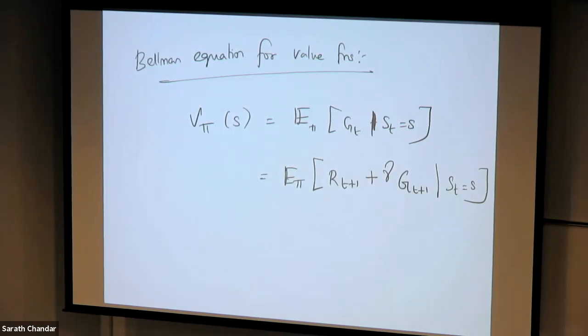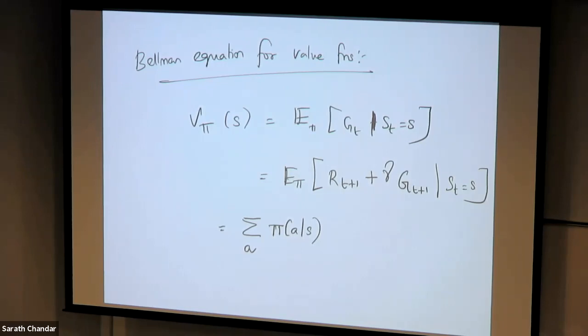Okay, so now this expectation is over the possible probability of taking an action, like the policy. So summation over all possible actions. I'm expanding the expectation here. So what is the probability of taking this action?